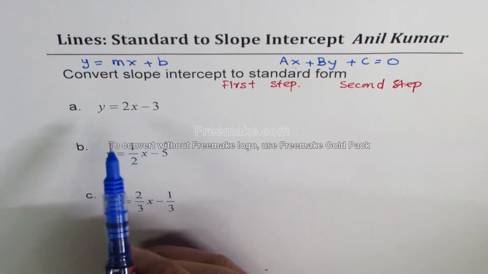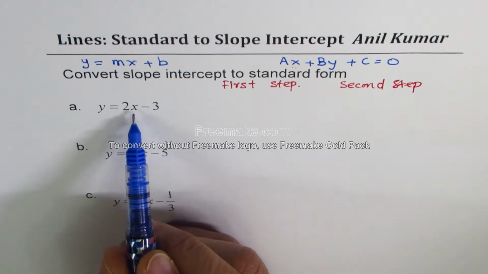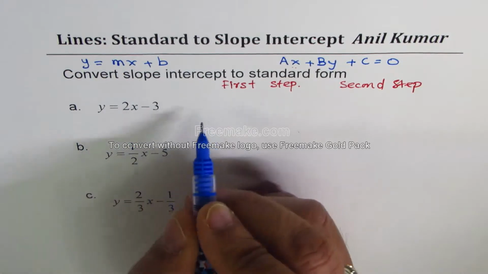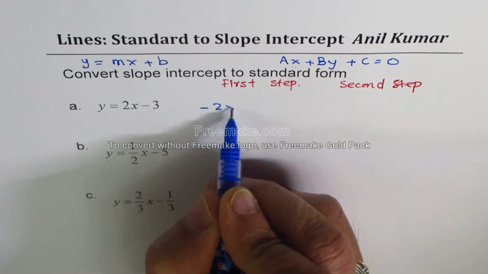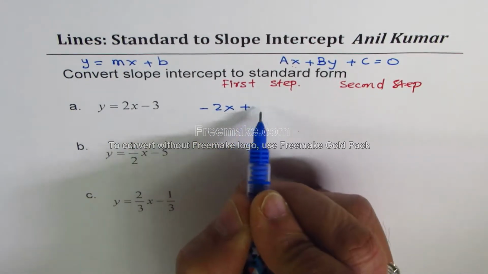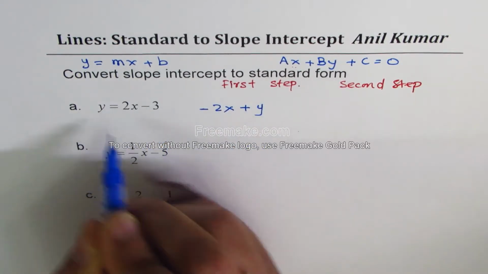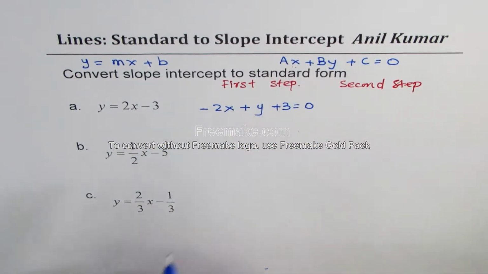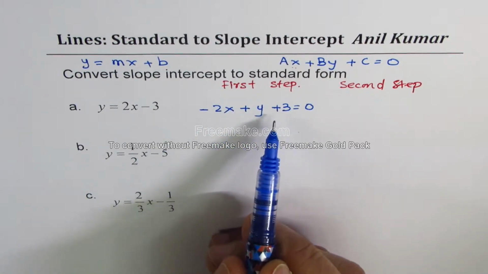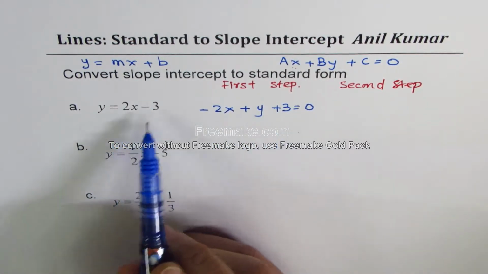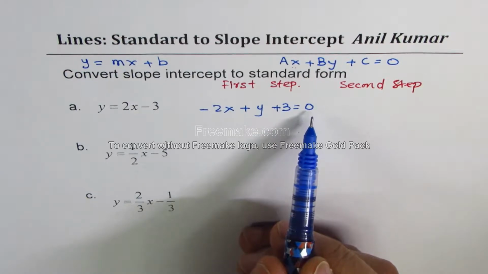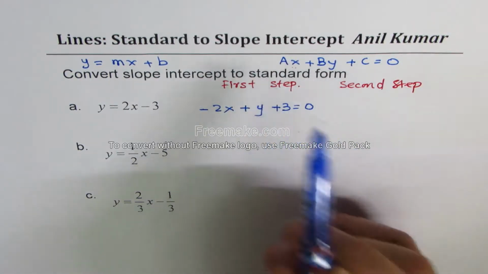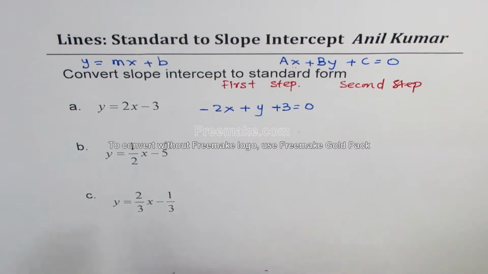Sometimes you prefer to get everything to the left side. So in that case, the equation will be minus 2x, y is already there, and minus 3 becomes plus 3, equals 0. Do you see that? You may do this since we are used to writing 0 on the right side. However, remember, 0 could be written on either side. It doesn't really matter.